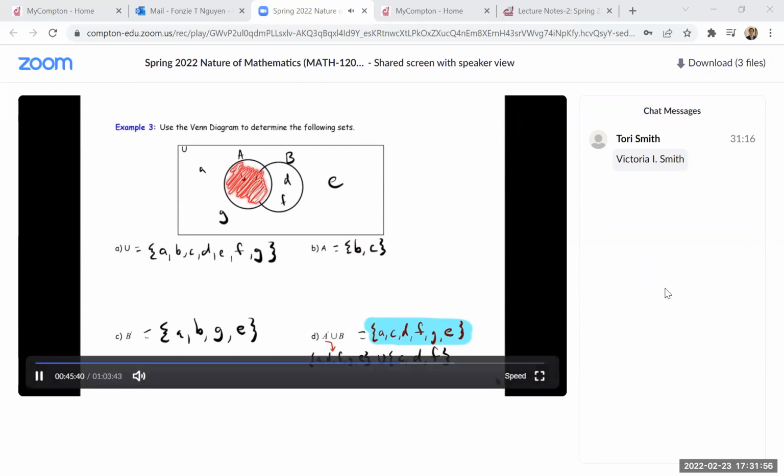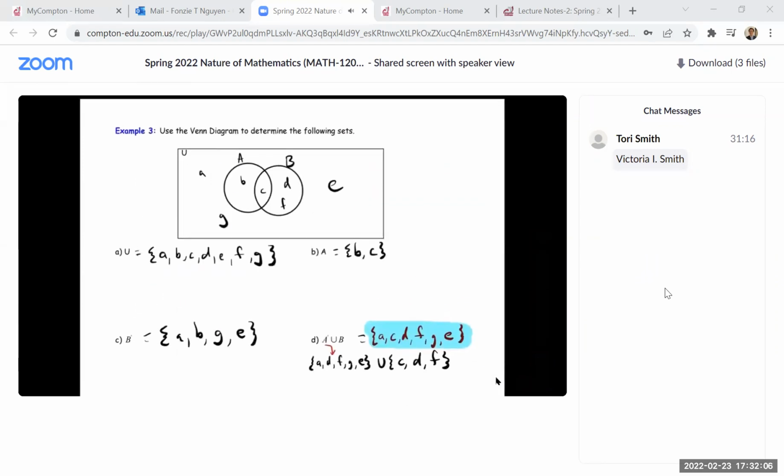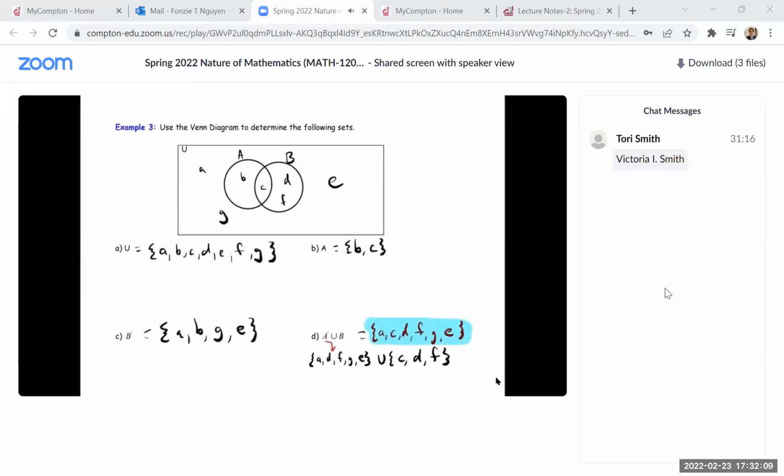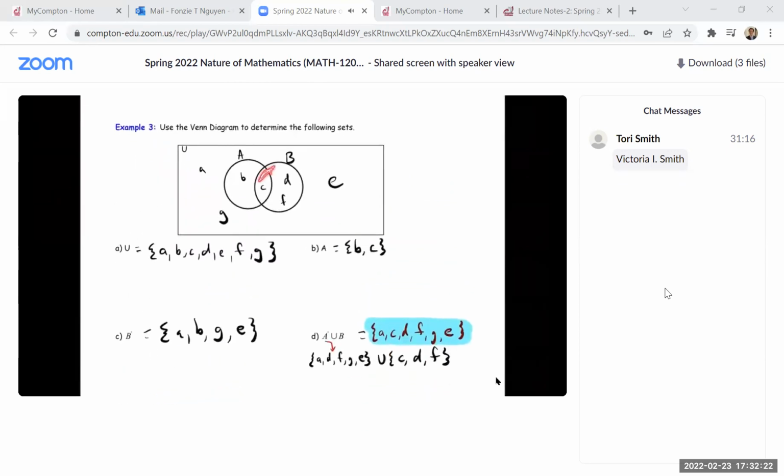So A, D, F, E, G. All right, so that's A complement. Now we have to find B complement. So everything outside of B would be A, B, E, G.